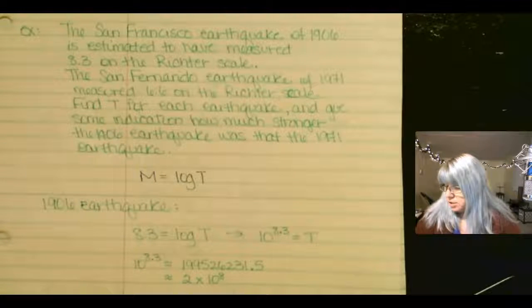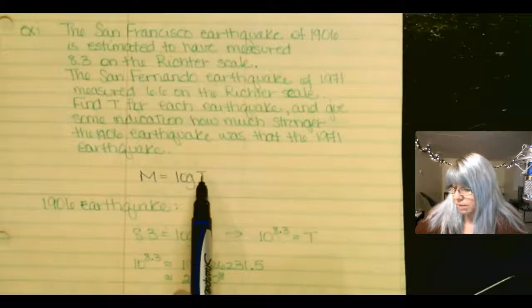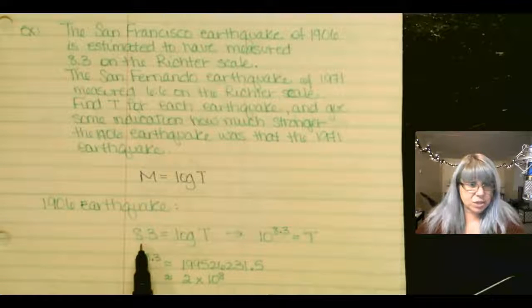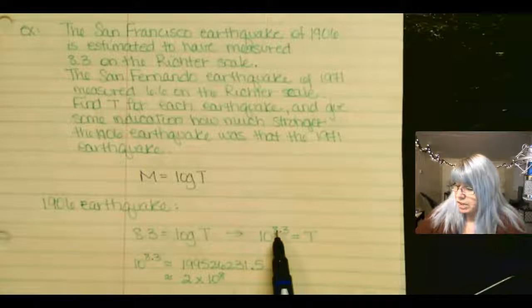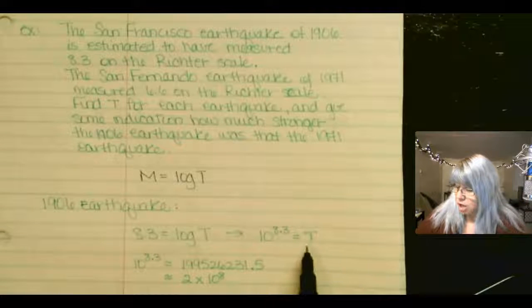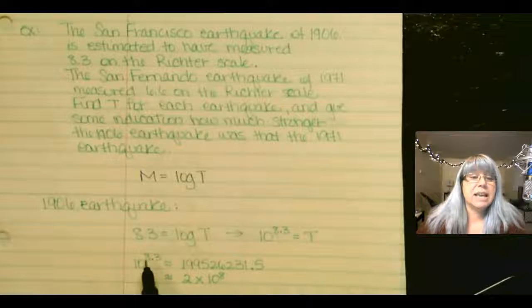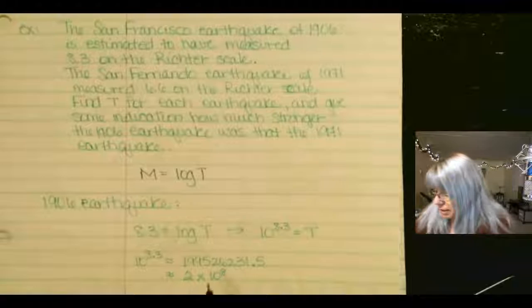Using magnitude, M equals log of T, where T is the shock wave. On the San Francisco earthquake, 8.3 is the magnitude, so we can rewrite this as 10 to the 8.3 as the shock wave. Now, if we use our calculator and put 10 to the 8.3, we get approximately 19952.6.